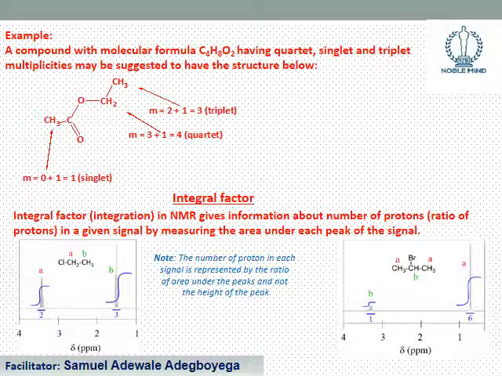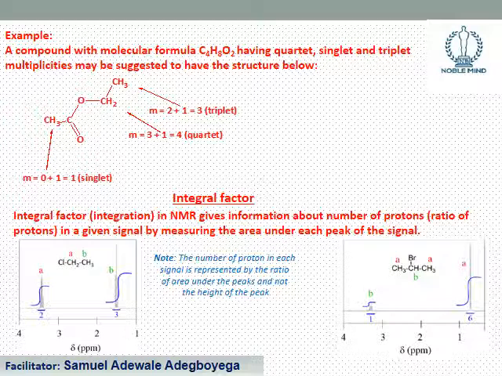Look at signal A having 4 peaks and signal B having 3 peaks. If you check the size of the integral sign, you could see that the integral of A could represent 2 when you measure, and signal B represents 3. That means 2:3. That gives us the idea that there are 2 protons on the measurement where you have 2, and 3 protons on the measurement where you have 3.